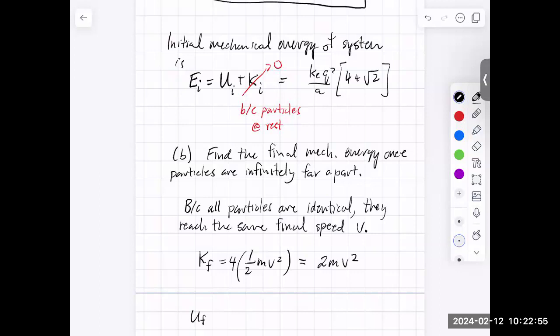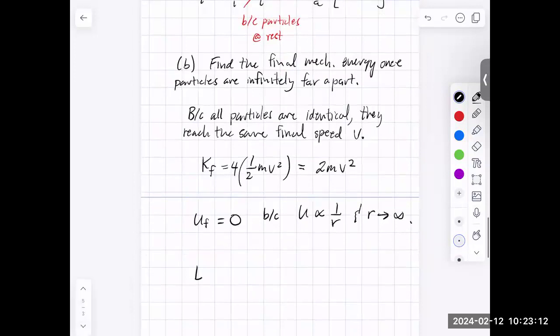Okay, so U final is going to be equal to 0 because U is proportional to 1 over R, and R has gone to infinity. Okay, so then the final mechanical energy is going to be K final plus U final, and that's just going to be equal to 2 mv squared.